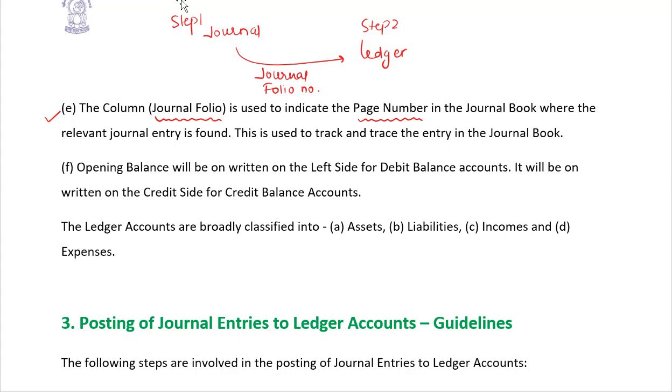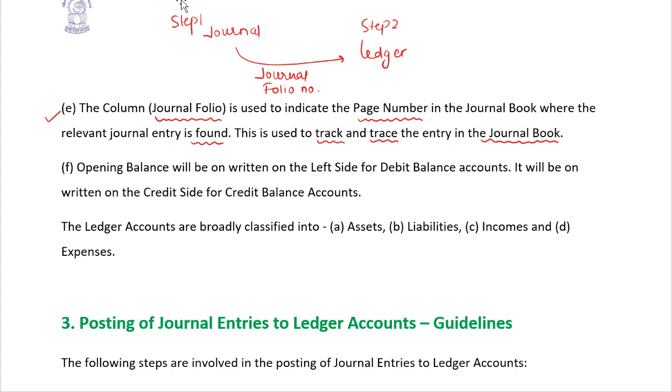In the journal book where the relevant journal entry is found. This is used to track and trace the entry in the journal book. So supposing if auditor wants to check the ledger posting and he wants to see the source document, the auditor should not visit all the books in journal or all the pages.